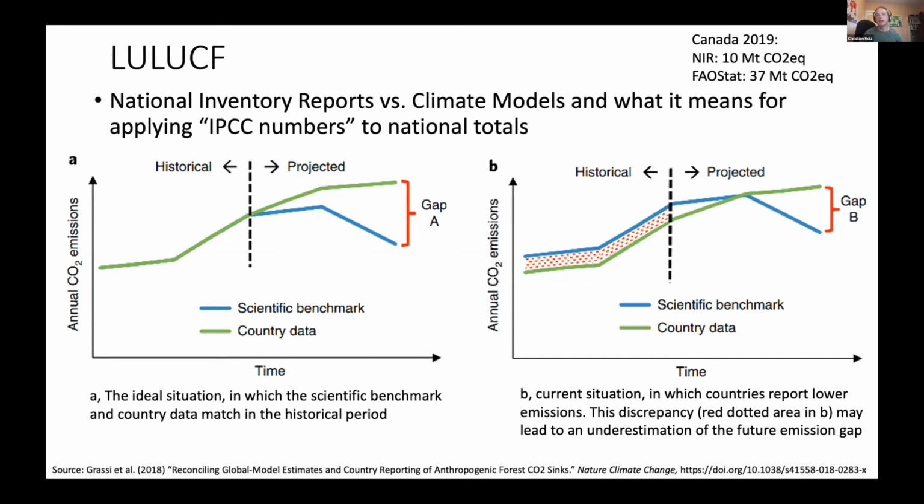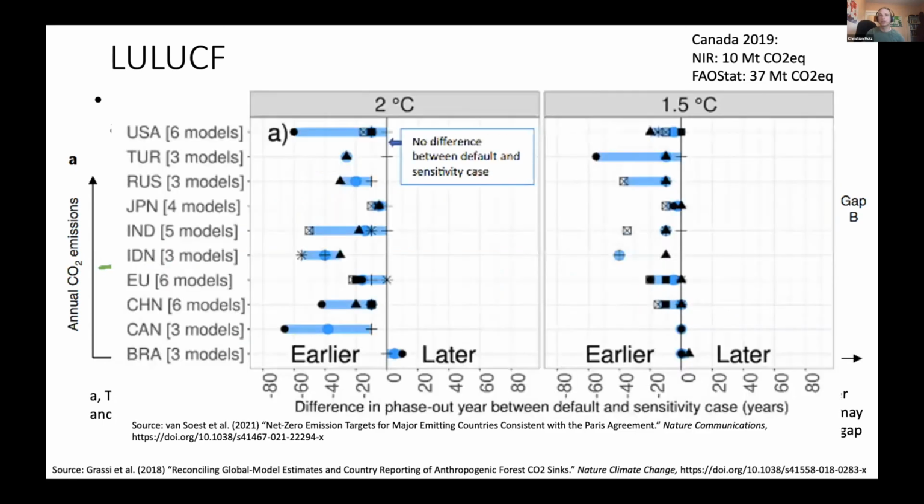So we can't even use the numbers that directly come from the global climate models and apply them to our national inventory numbers, because that will just give us the wrong number. So if the IPCC says 2050 phase out or 45% reductions, we actually can't just apply that to our national totals because that won't add up to the same warming. So it has to be a little bit earlier and a little bit more stringent. So that's an important one. We need to think about these accounting things.